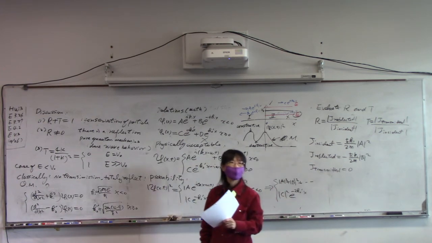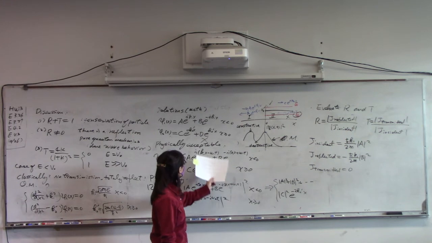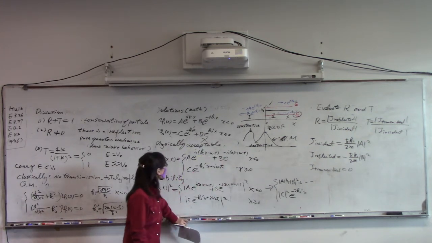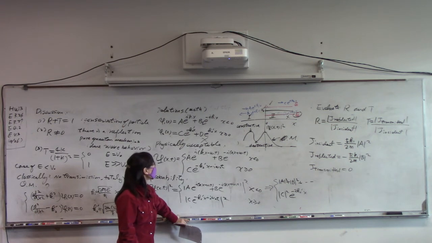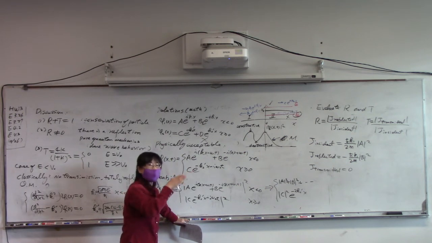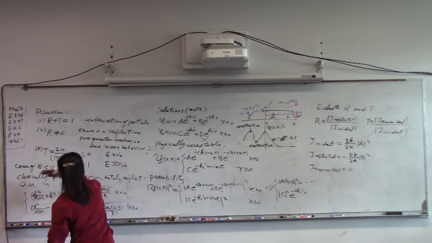Since the D term here has to go to 0, does that mean that D is 0 for the other case where E is greater than V0? In the previous case, we still have this oscillation, that is a kind of plane wave, right? That is only the plane wave propagating in this right-hand direction.